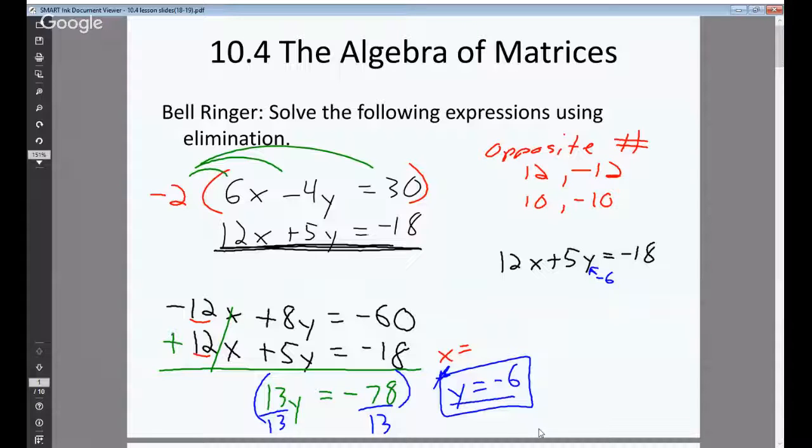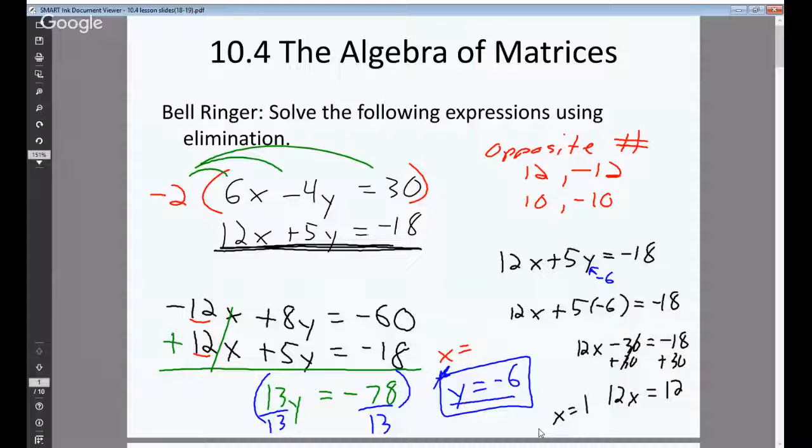Then my equation becomes 12x plus 5 times -6 equals -18. 5 times -6 is -30. From there, all you have to do is solve for x. Add the 30 to both sides, which gives you 12x equals +12. Then you solve and get x equals +1.